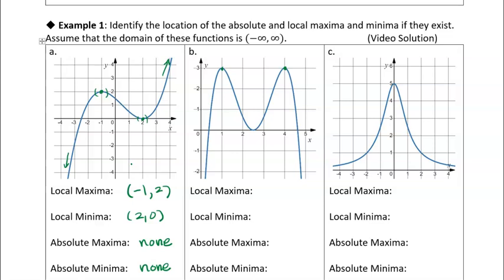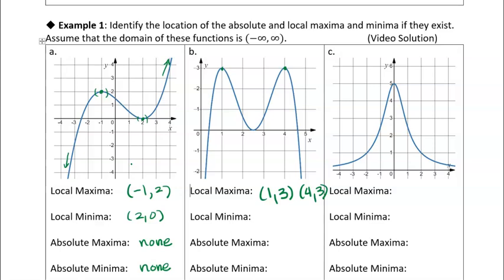So we have a local maximum at 1, 3. And then we have another one over here at 4, 3. Right, so we have 2 local maxima.